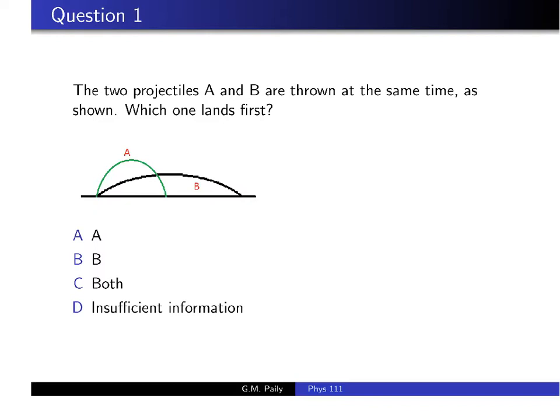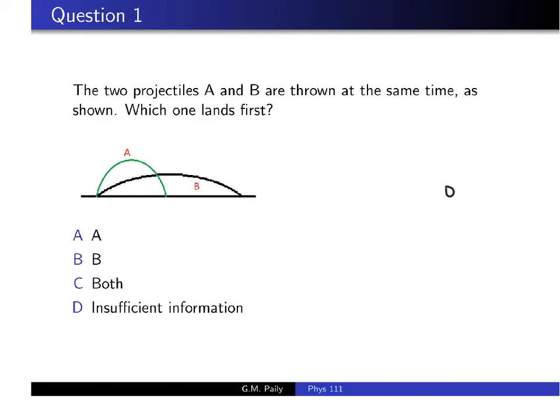We will now discuss the answer. We know that the time of flight is proportional to Vy naught. So, in other words, the one which lands first has a smaller time of flight, and so it must have a smaller Vy naught.